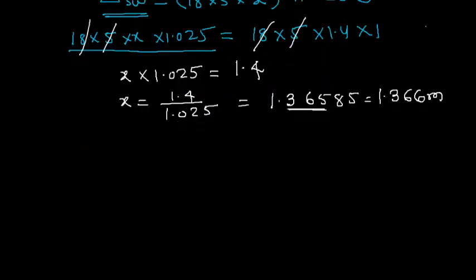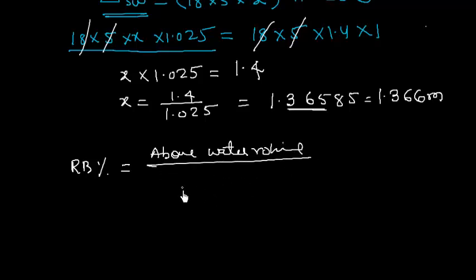So first let us find the total volume, and then we'll calculate what is the above water volume. So reserve buoyancy in percentage is given by above water volume divided by total volume into 100.